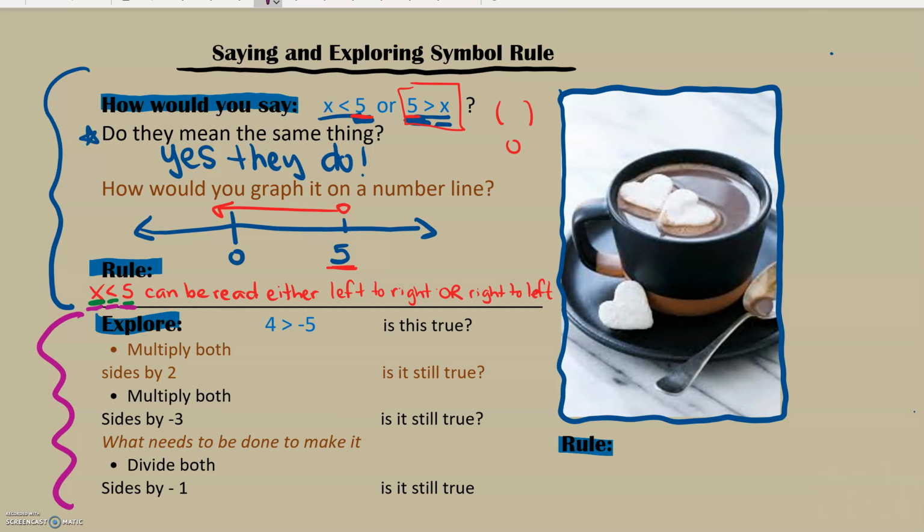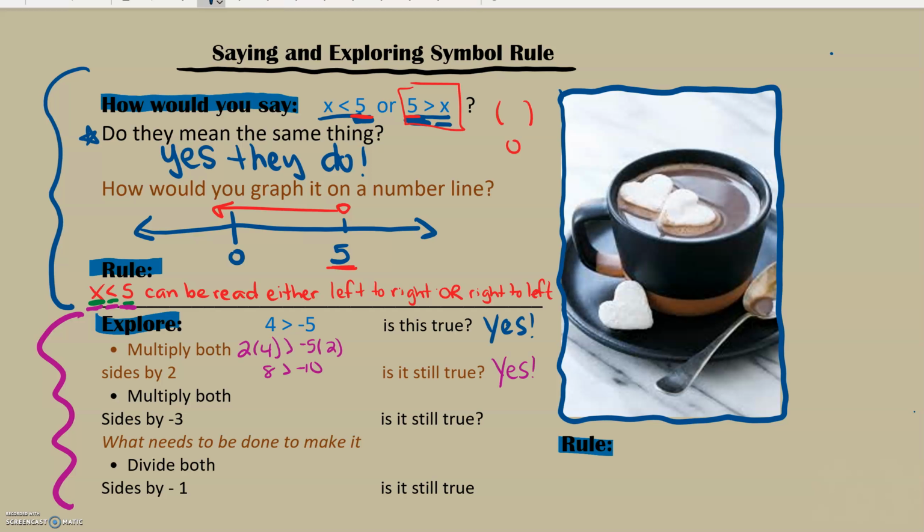Continue on with the directions that are there, so multiply both sides by negative 3, divide both sides by negative 1, and answer those questions. Pause the video, take a few moments, see what you come up with. When you're ready, unpause the video, and we'll see what actually happens together.